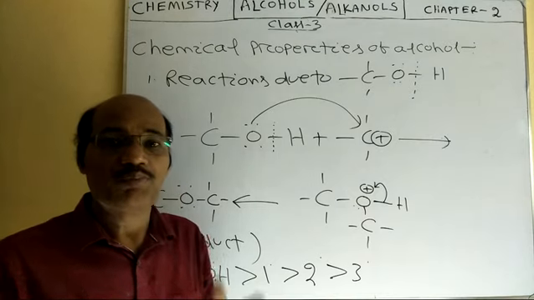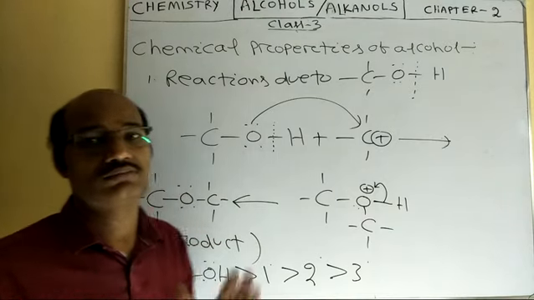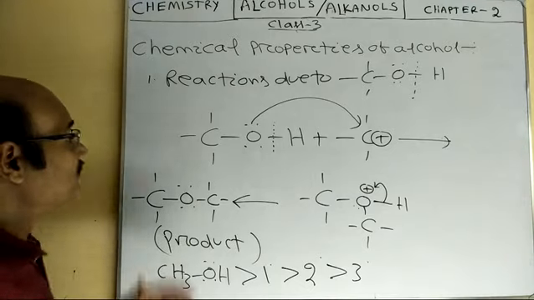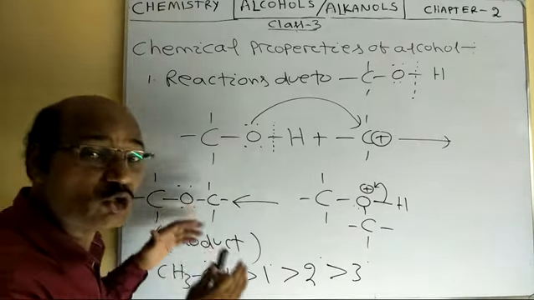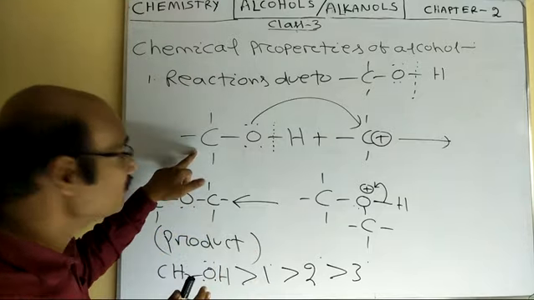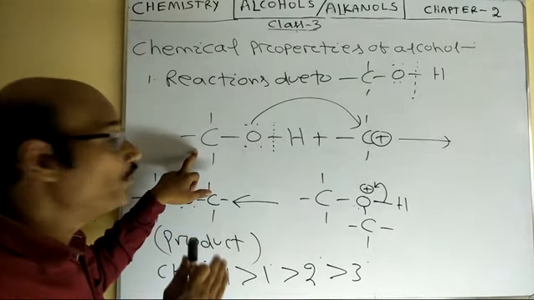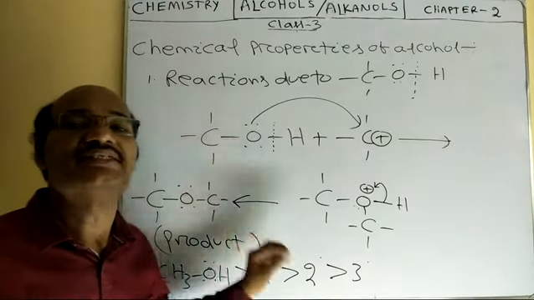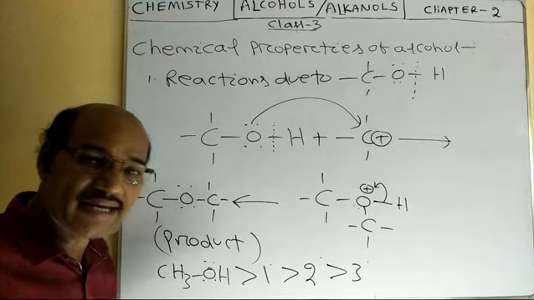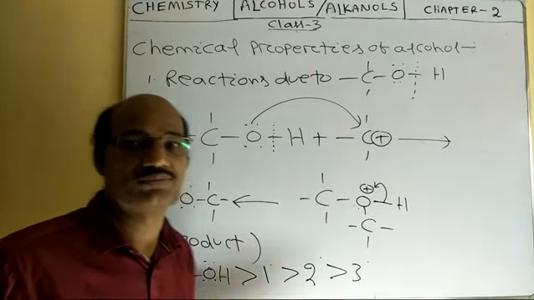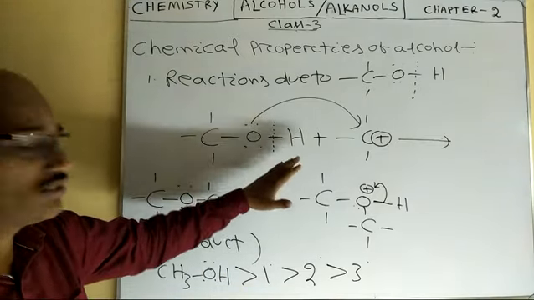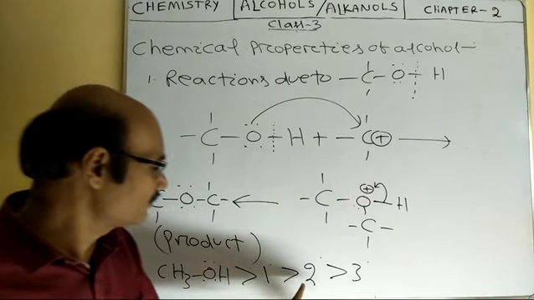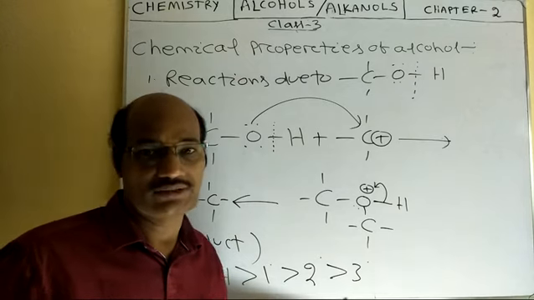Whenever there is breaking of the O-H bond, it is facilitated by fewer alkyl groups attached to the carbon to which the OH group is attached. The more the alkyl groups, the less is the reactivity. The fewer the alkyl groups, the more is the reactivity. So in this kind of reaction, primary alcohols are more reactive than secondary alcohols, then tertiary alcohols.